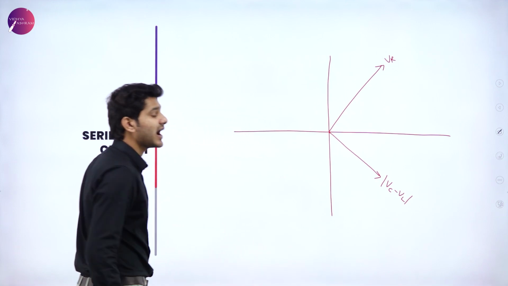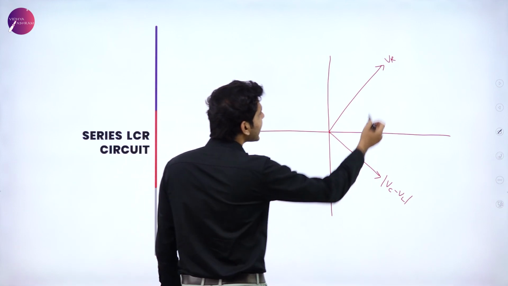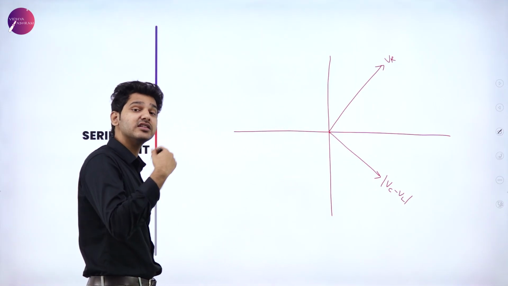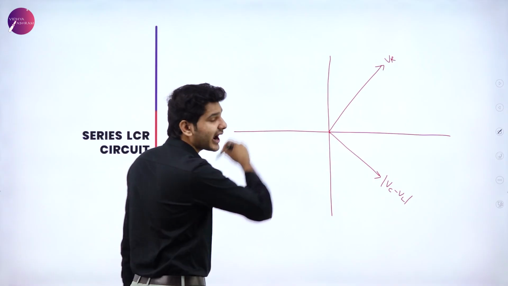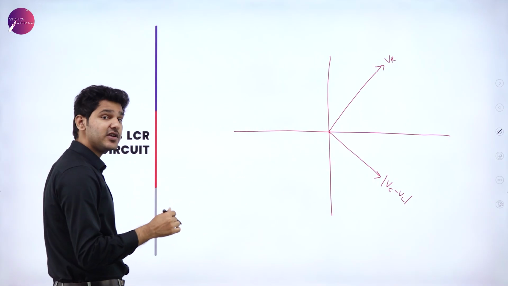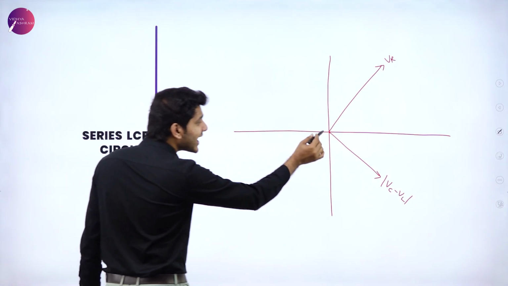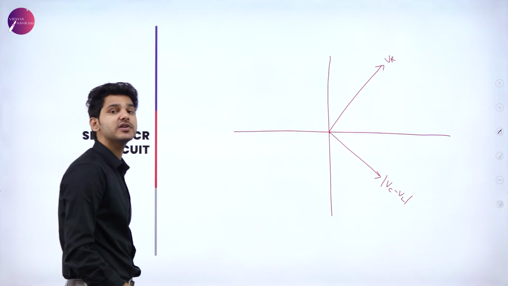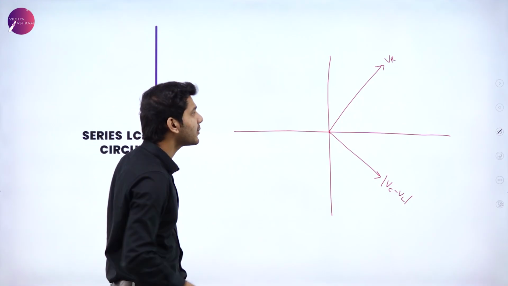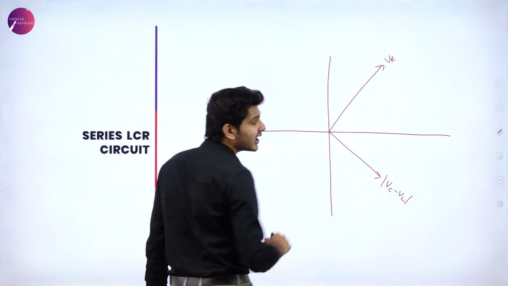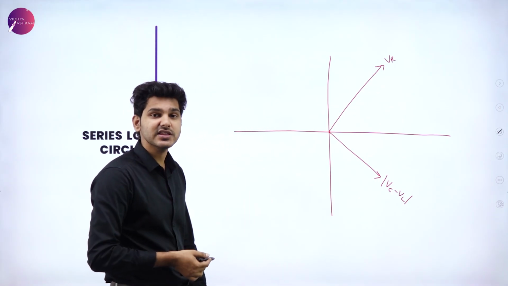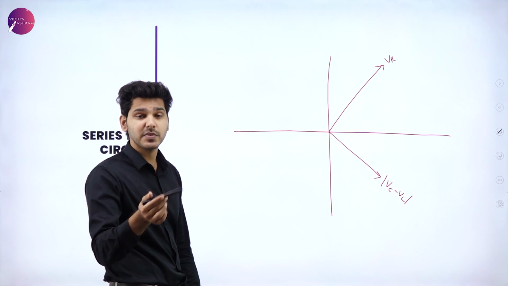Or simply we can say that this phasor diagram is now the resultant of these two added together. Again we know one more thing, that the length of each of these vectors gives you the magnitude value, that is the peak value of those vectors. For example, if I take VR, the length of VR is equal to V naught R, which means it is the magnitude value or the peak value.